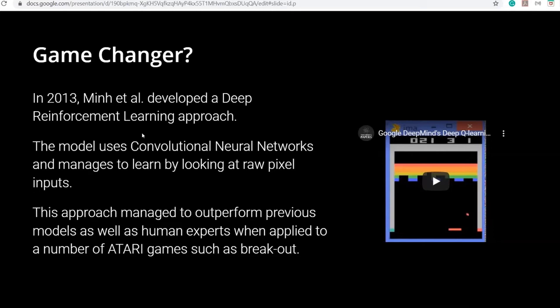So basically, the agent now takes raw input pixels as an input and outputs an optimized value function.